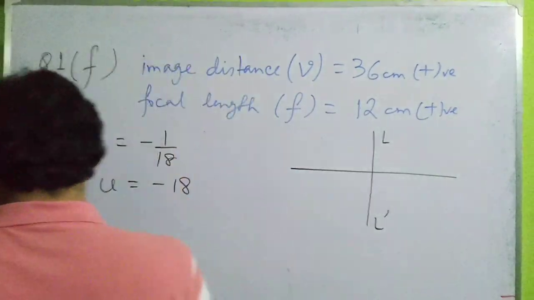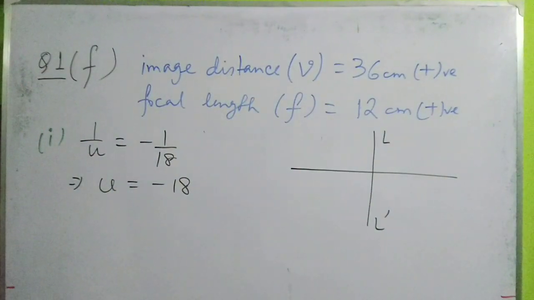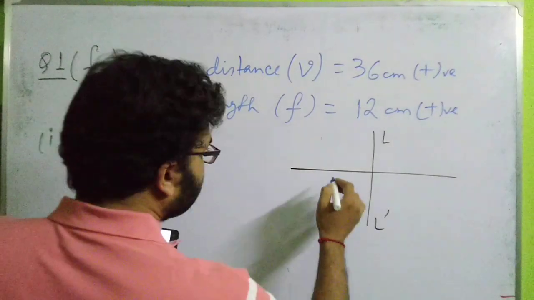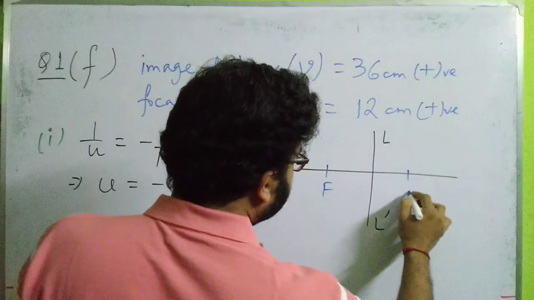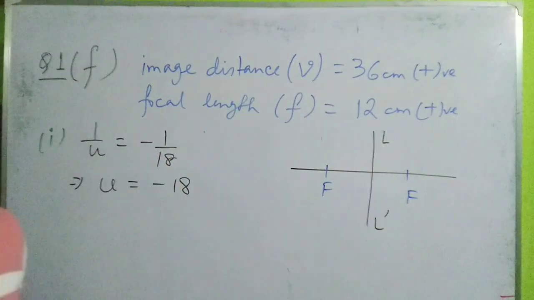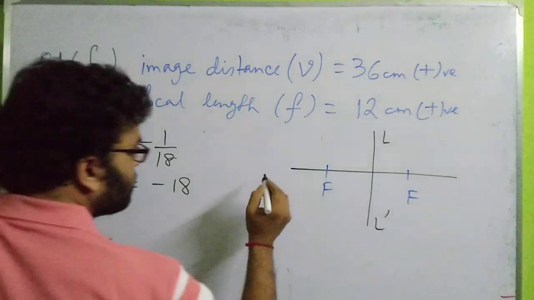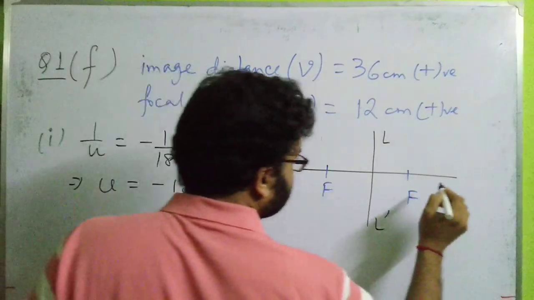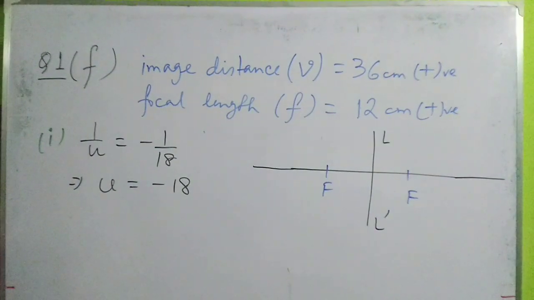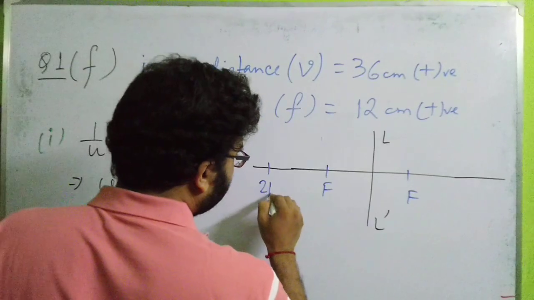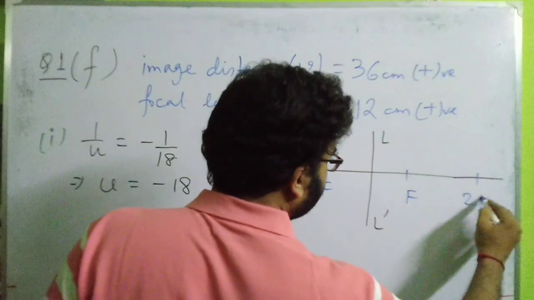From this point, we have F on this side and F on this side, and let me extend the line on both the sides. What do you get? This is our 2F and this is our 2F.